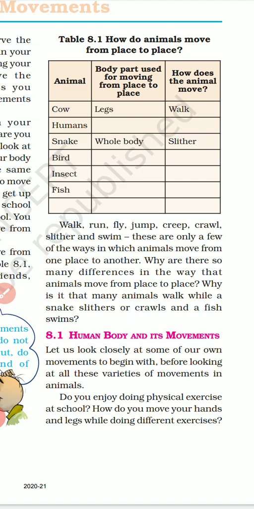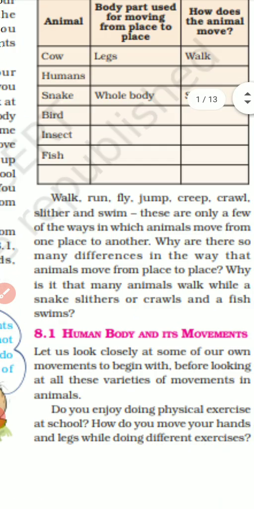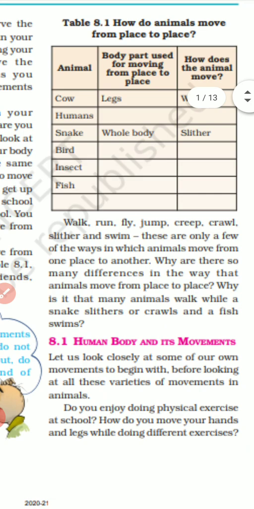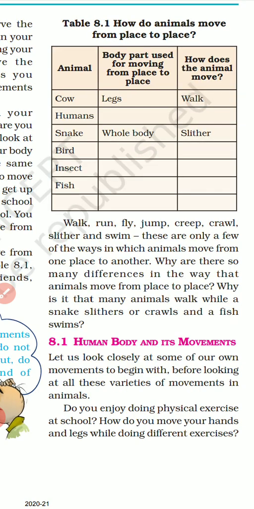Fill this table. Whether they walk, run, fly, jump, creep, crawl, slither and swim. These are only a few of the ways in which animals move from one place to another.